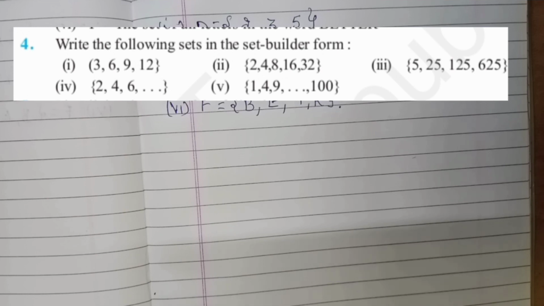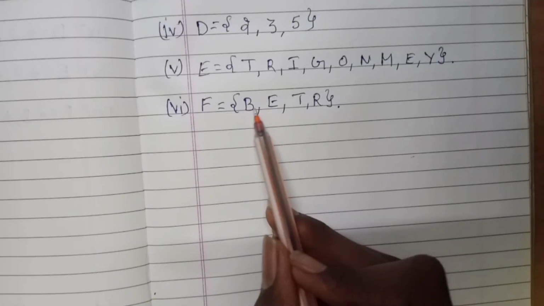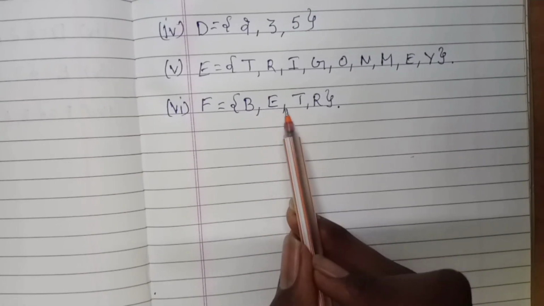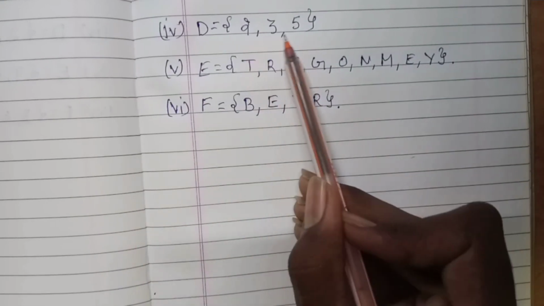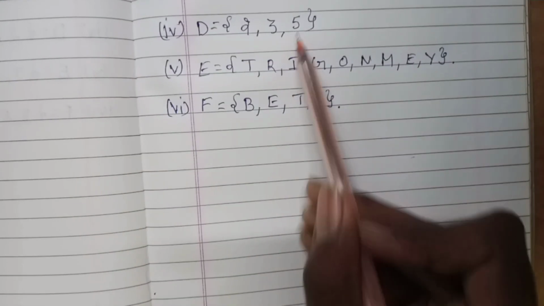You should write it. That is the first point you should note when you are dealing with elements that are only numbers. For example, these are the elements where you are dealing with letters. These are the elements where you are dealing with numbers.